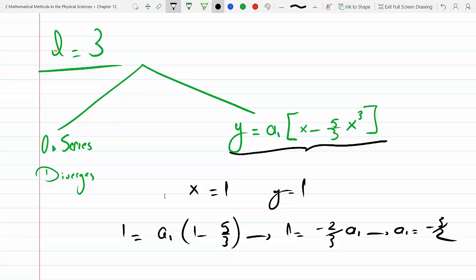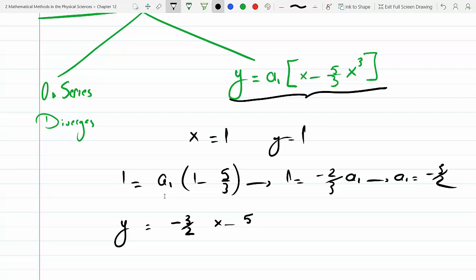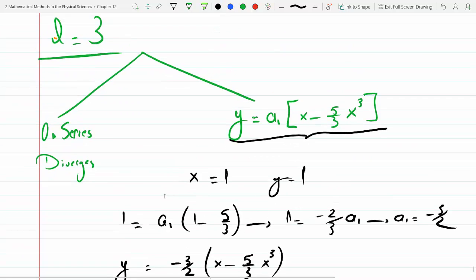Then plug it back in, and that gets you P3 of x.